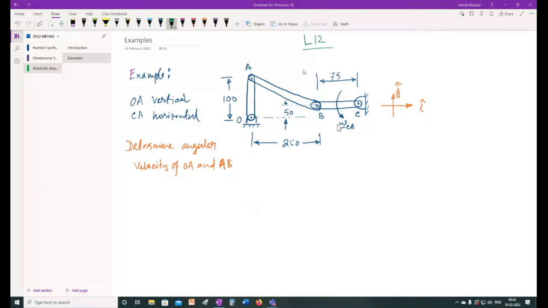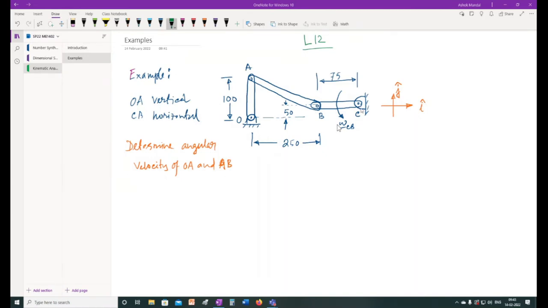So this is one of the instantaneous configurations of the mechanism where this link OA, which is for this case a follower, is vertical and this link BC is horizontal.